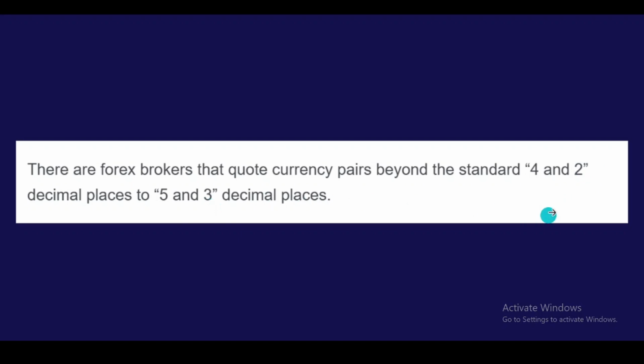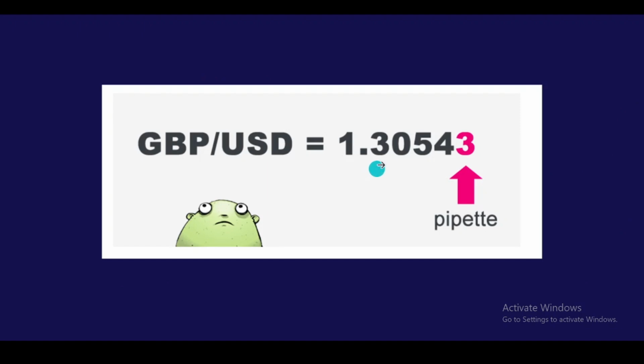But let's just focus on currency pairs that have 5 decimal places first. Look at here, in 5 decimal places, this is Euro USD. Let's see, in 5 decimal places, we have 1, 2, 3, 4, 5. So this 5th number is what is called a pipette. Since they are quoted in 5 decimal places, this last one is called a pipette.